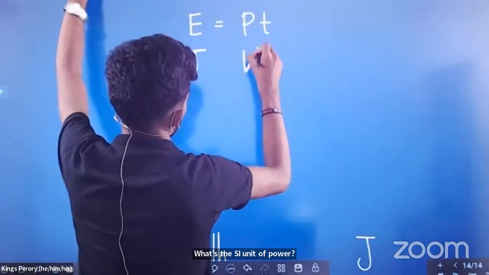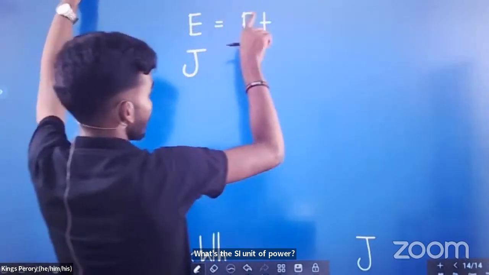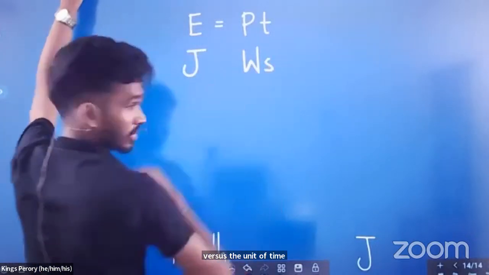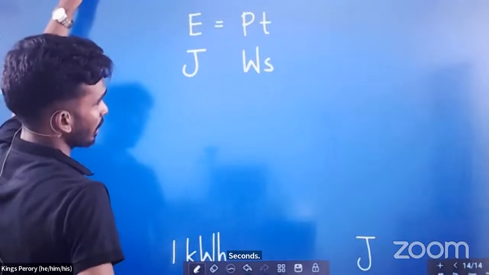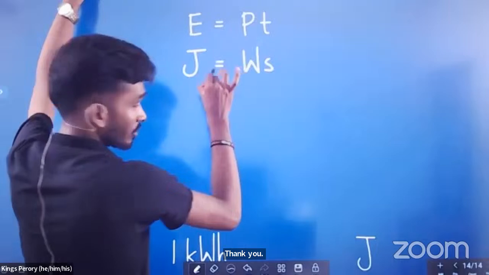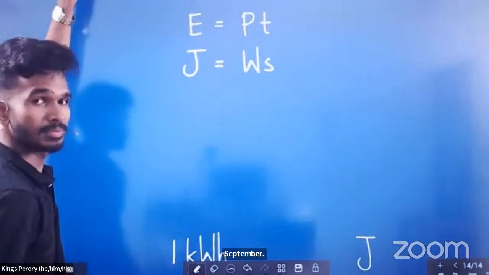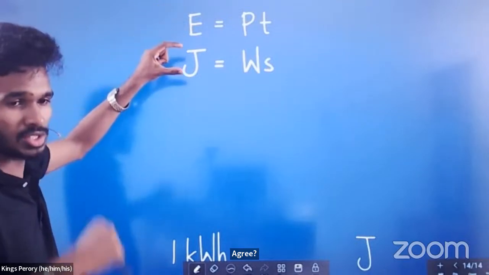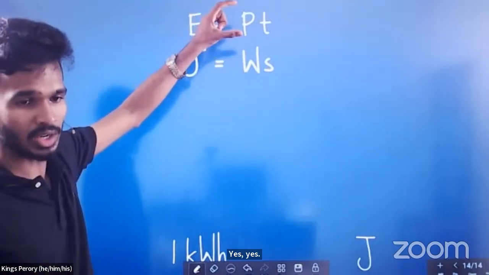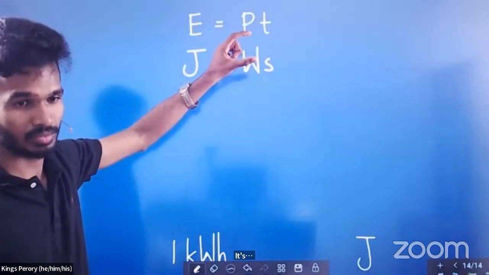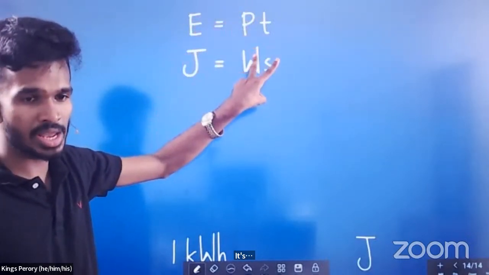Watt. What's the SI unit of time? Seconds. Then I can tell joules is equal to watt into second. Agree? Yes. SI unit of energy is joules. SI unit of power is watt. SI unit of time is second. Then joules should be equal to watt into what second?